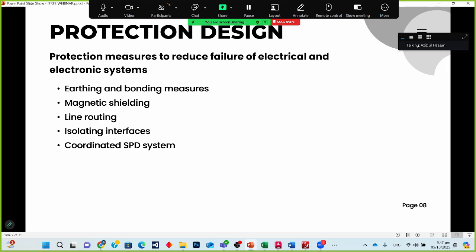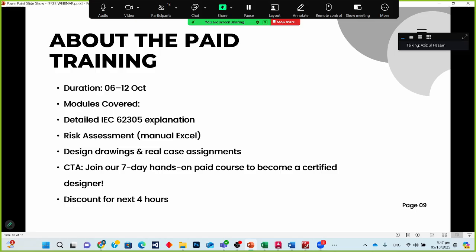But if you want to go into the depth of that, I have prepared a 1 week training program, which is starting from tomorrow, at the same time, 9 p.m. Pakistan time to 10 p.m. 1.5 hours training, and I will show in depth how we will calculate risks one by one, like R1, R2, and R3.